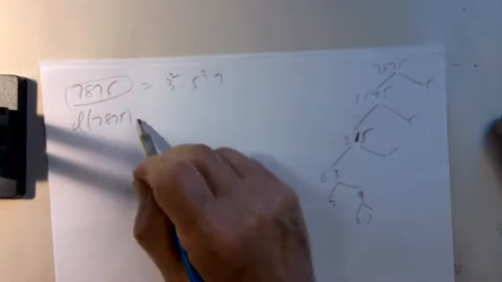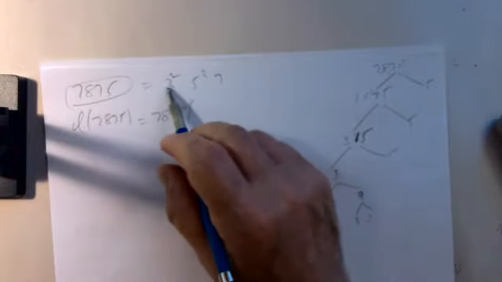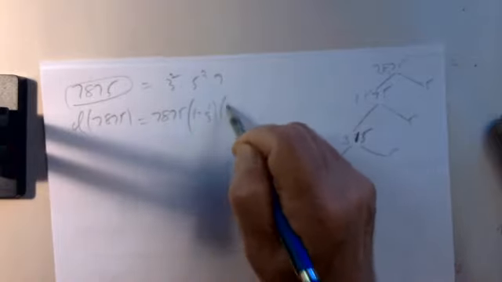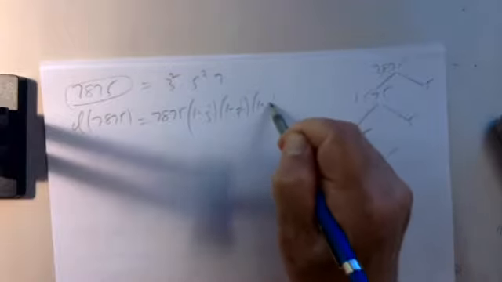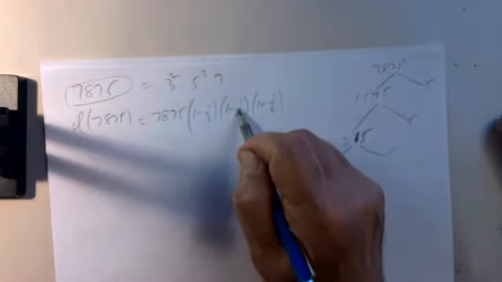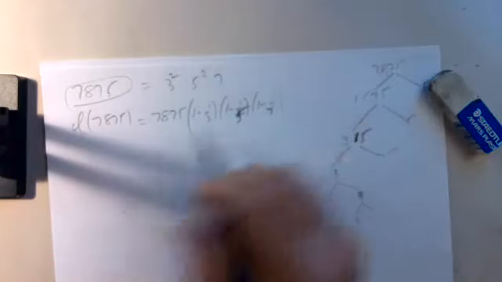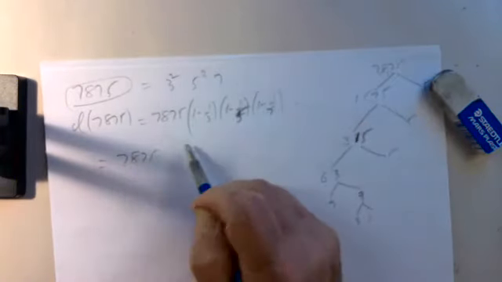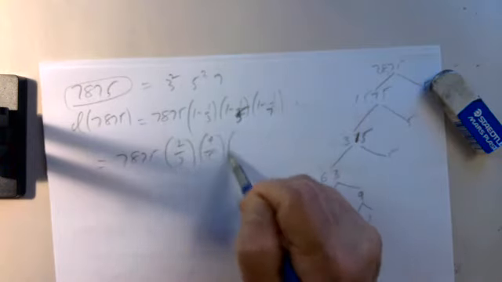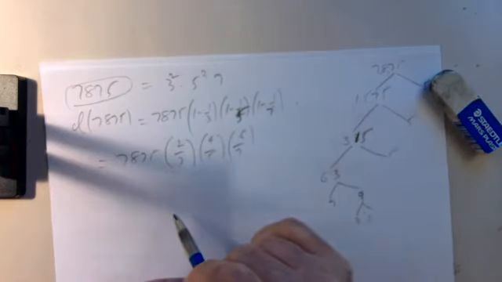So phi of 7875 is 7875 times the product of 1 minus 1 over p for each of these 3 primes: 1 minus a third, 1 minus a fifth, and 1 minus 1 over 7. So this is 7875 times 2/3 times 4/5 times 6 over 7.